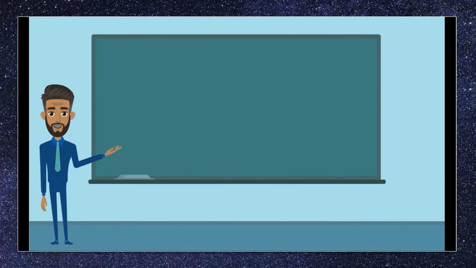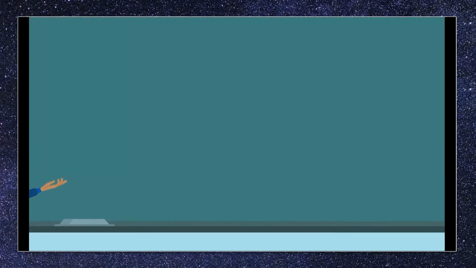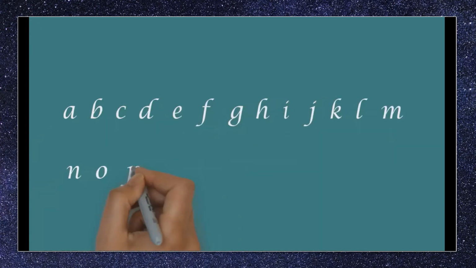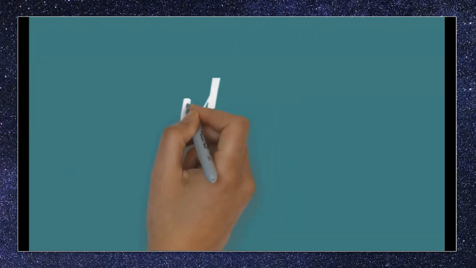Hi! Welcome back to the drawing board. Today, we're going to look at the split digraph, OO. So, which letters make OO? There are two, A and E. Together, they make the split digraph, OO.